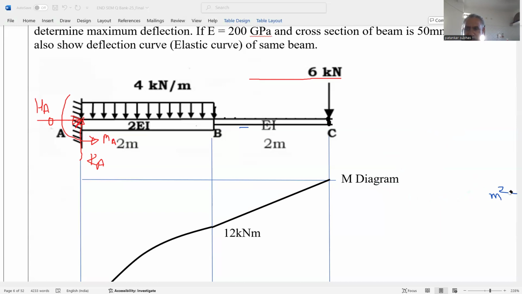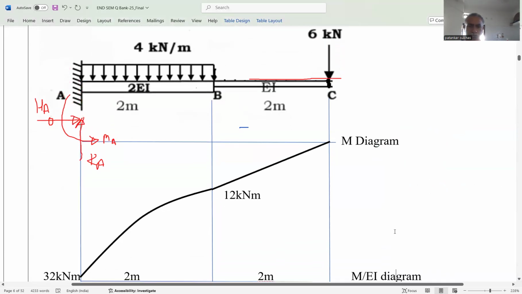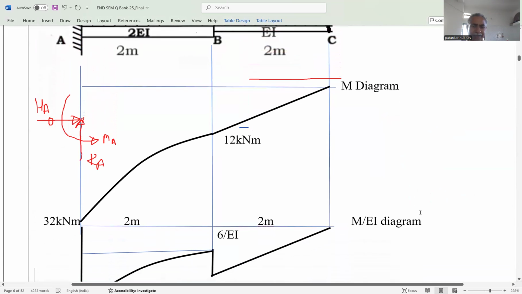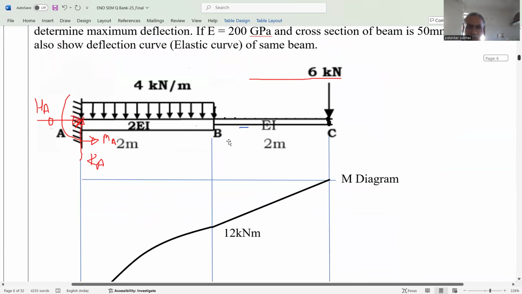Then convert this diagram into M by EI diagram. So this is the M by EI diagram. In this problem, the value of EI is different. The value of EI for B to C is EI, and for A to B, it's 2 EI. That's why moment at C is equal to 0, there is no issue. So 0 divided by EI. At B, it is 12 kilonewton meter.